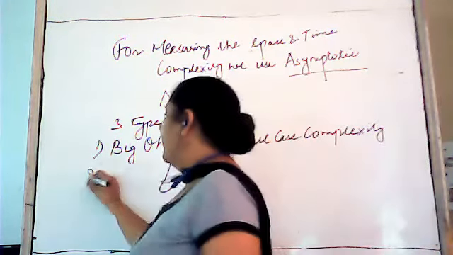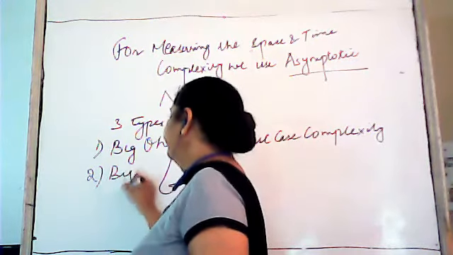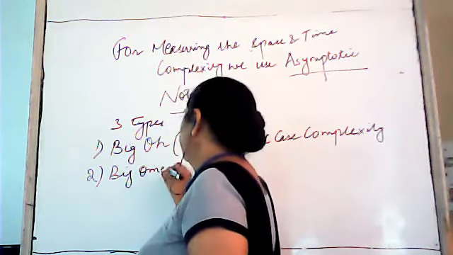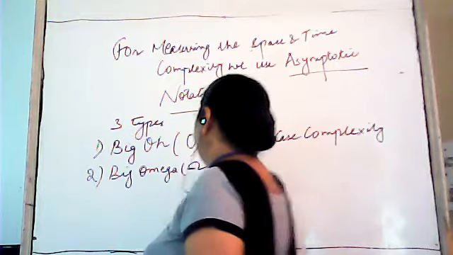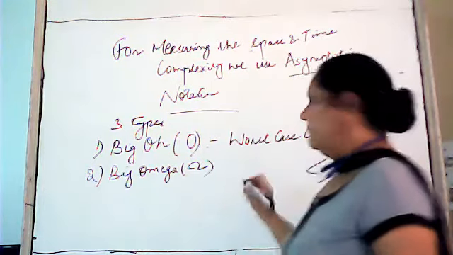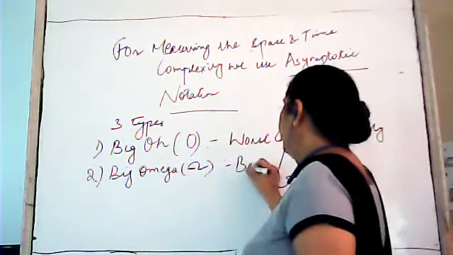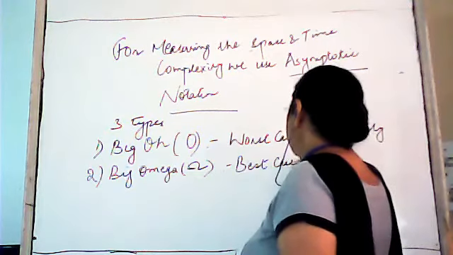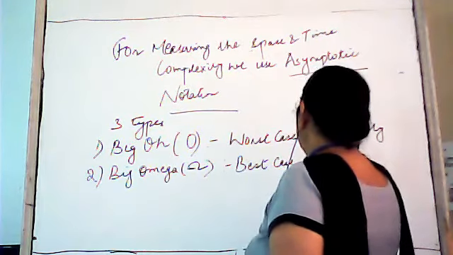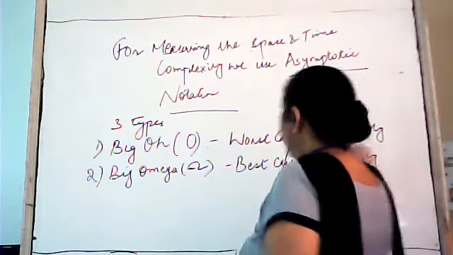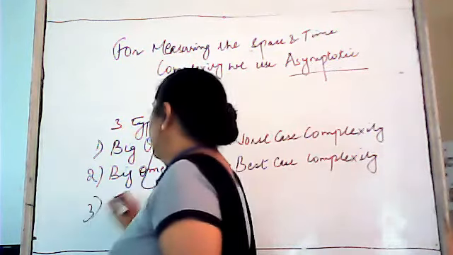That is big omega. This is your best case complexity. And third is theta.